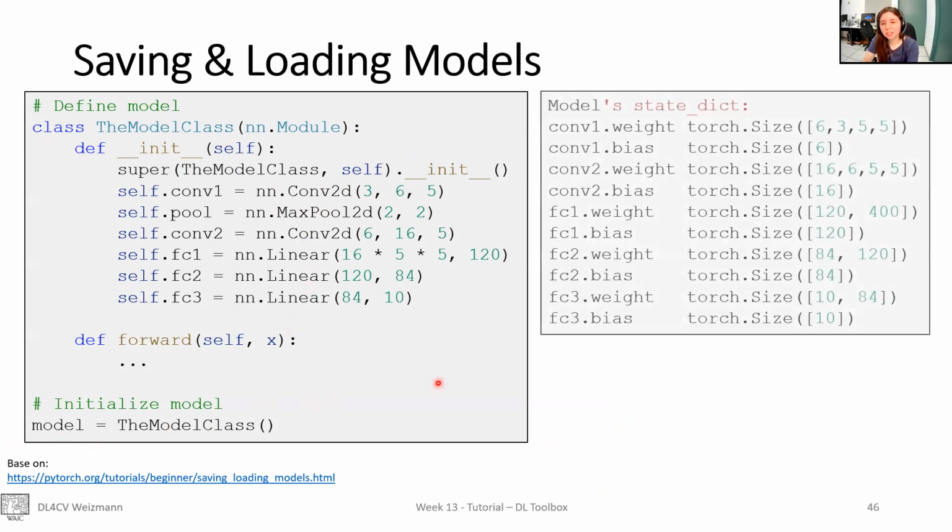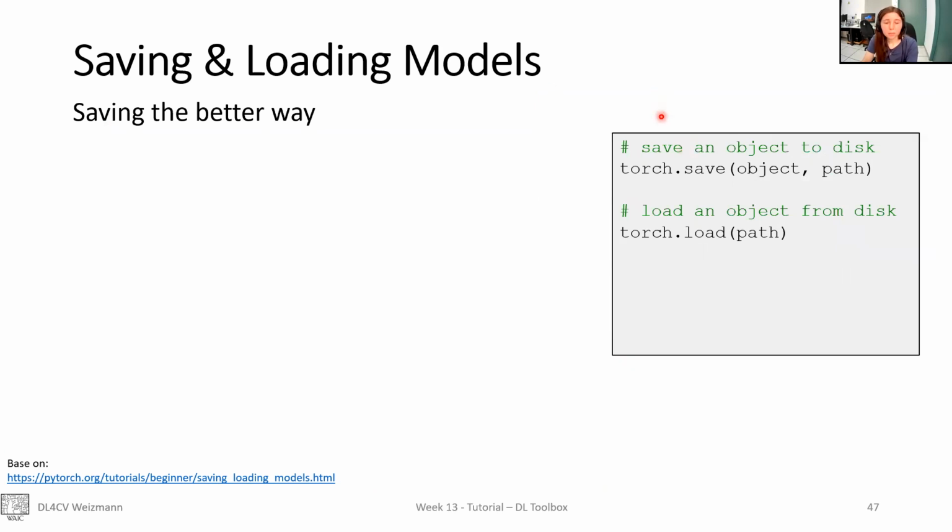Its state dictionary would be all the weights of the model. So everything that could change during the training process is saved in the state dictionary. And then we can save in a better way, in a way that is more robust to changes.